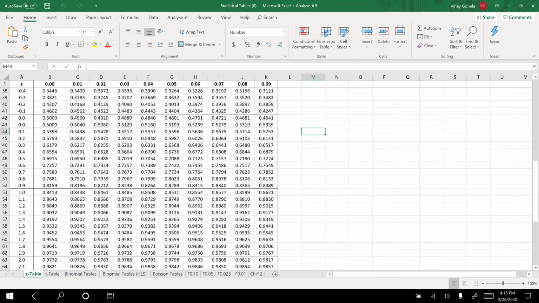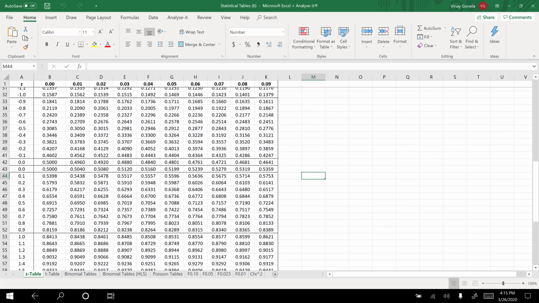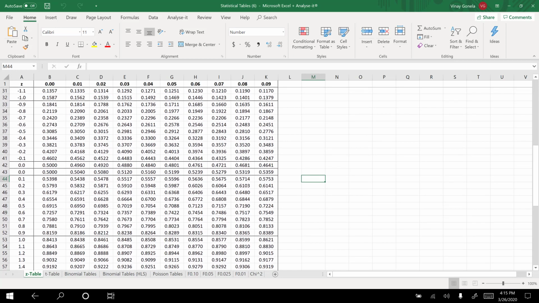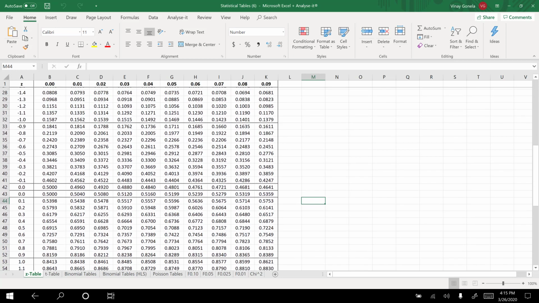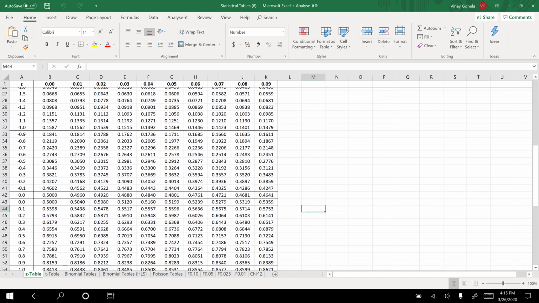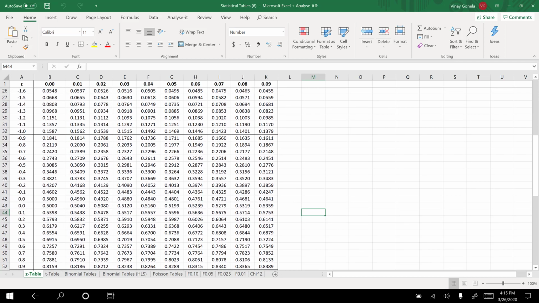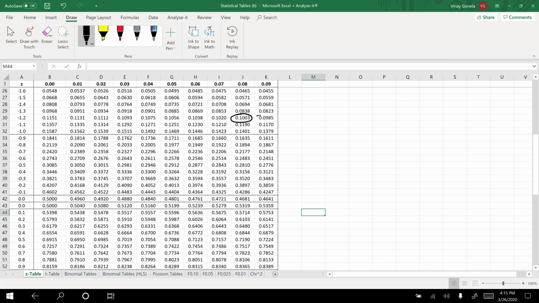So 0.10 approximately, this is very near to it, or this one, so we can take one of them.